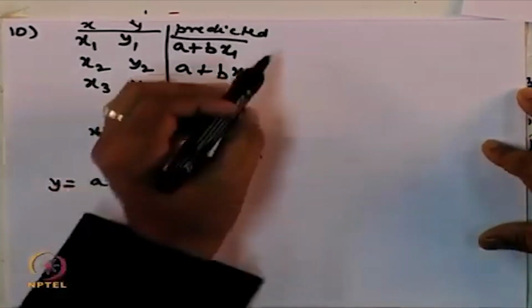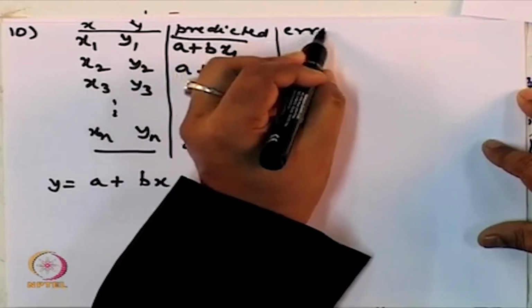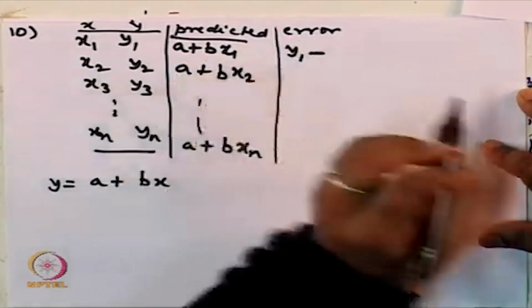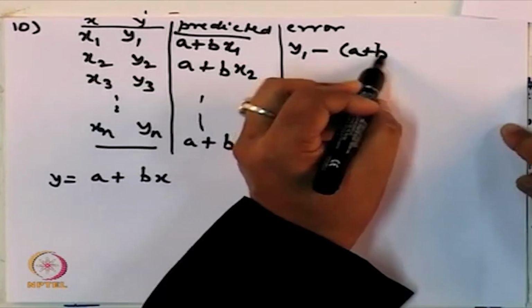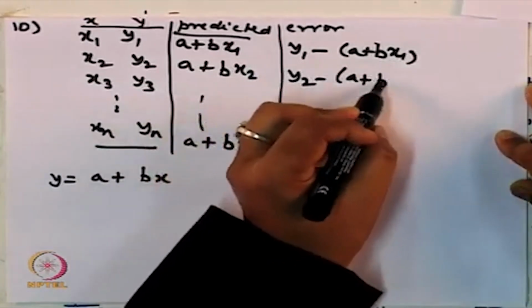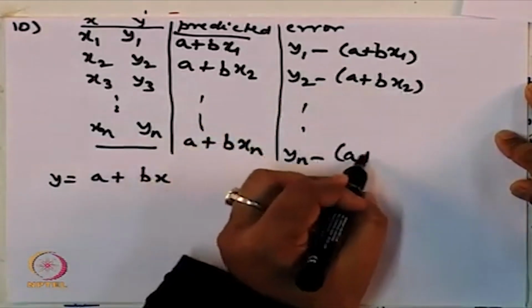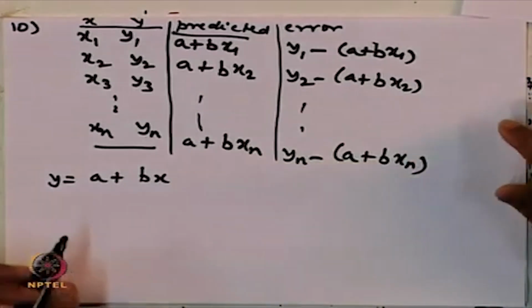Okay. So, what is the error that I accumulate from my prediction? y1 minus (a plus bx1), y2 minus (a plus bx2), up to yn minus (a plus bxn). Okay.